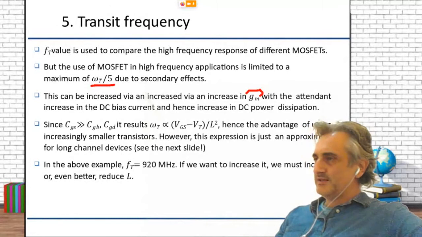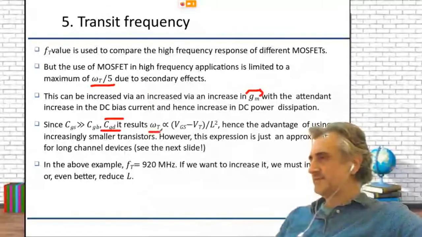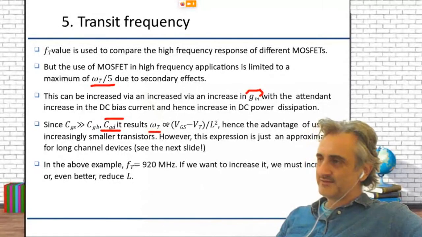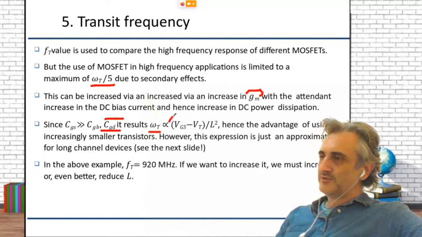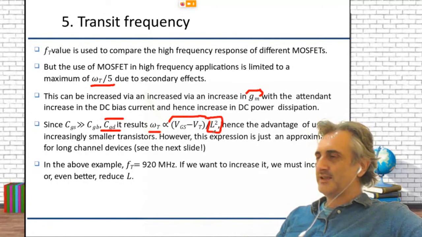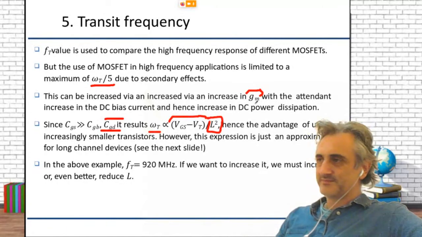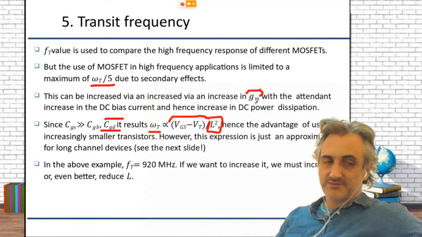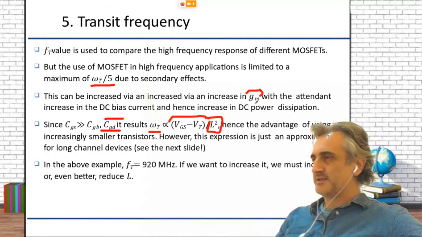Anyway, another important thing is that this capacitance makes the transit frequency behave as proportional to 1 over the length of the channel squared, because it depends basically on the size of the transistor.